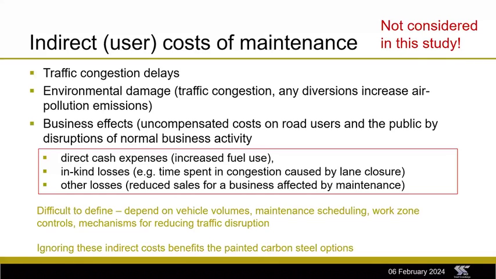For example, observation of increased fuel consumption. And so it just wasn't possible to include them in the study. But research by others shows that these indirect costs of maintenance can significantly exceed the direct cost of maintenance, depending on the particular site.